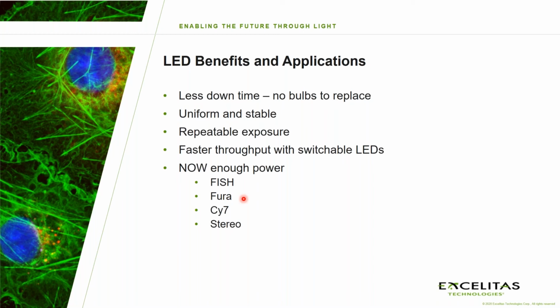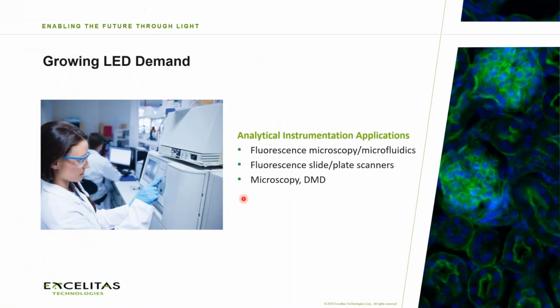Other than that, there's also growing demand in analytical instrumentation, such as fluorescence microscopy or microfluidics, where you have fluid full of cells or molecules going through some sort of liquid network.